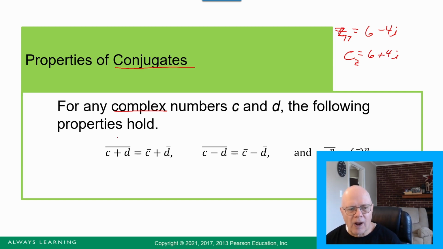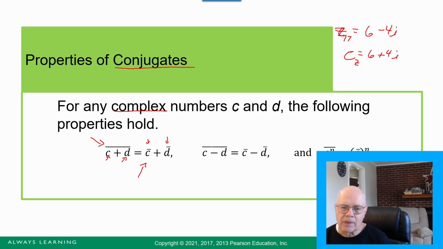This right here says that if you add the complex numbers c and d, and you take the conjugate of that result, you would get the same thing as if you took the conjugate of each one of those and then added them together. Get it? Here you add the complex numbers together and find the conjugate. Here you find the conjugates and then add them together, and you get the same result.